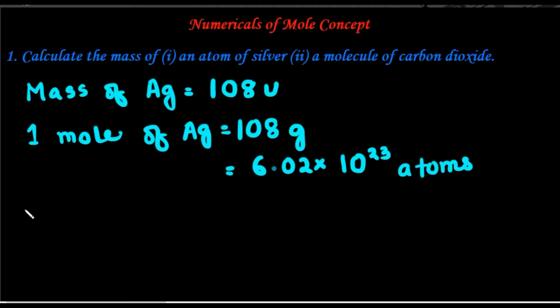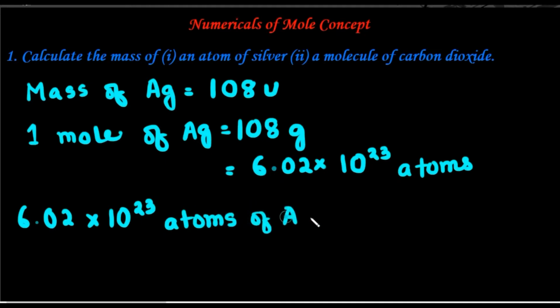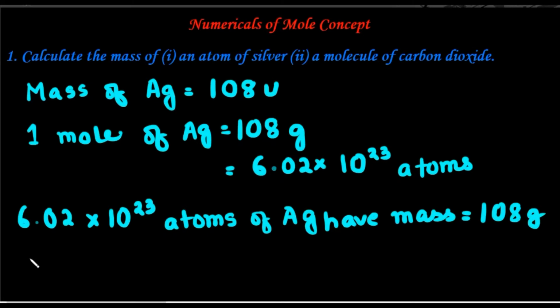Therefore, 6.02 into 10 to the power 23 atoms of silver have mass equal to 108 gram.